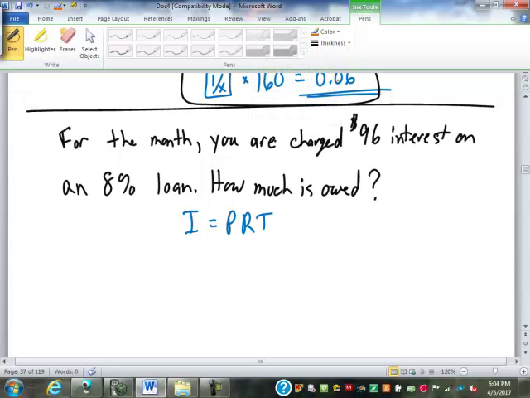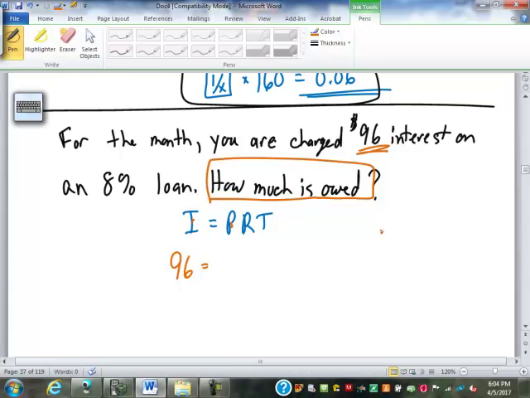So it's still interest equals principal times rate times time. Do we know I? Yes, we do. 96 bucks. Do we know P? No. The principal is what we're looking for. They didn't say principal or starting amount, but the amount owed has to be that principal.